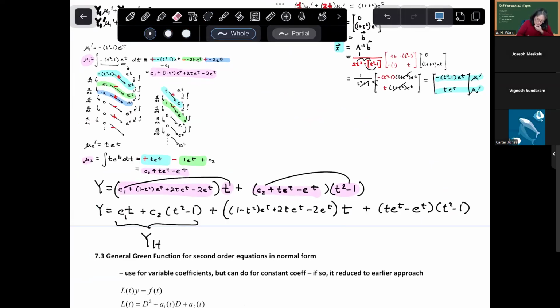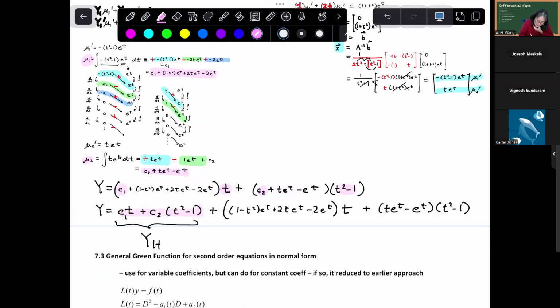I'm going to color code this so that you guys can see exactly what's going on. So first of all, this and this, right? That's this part right here. That's the homogeneous. And then what you have is all of this, and you're going to take this and multiply this.